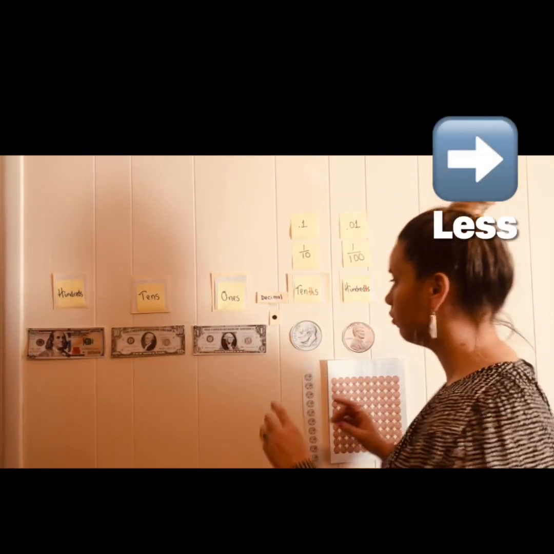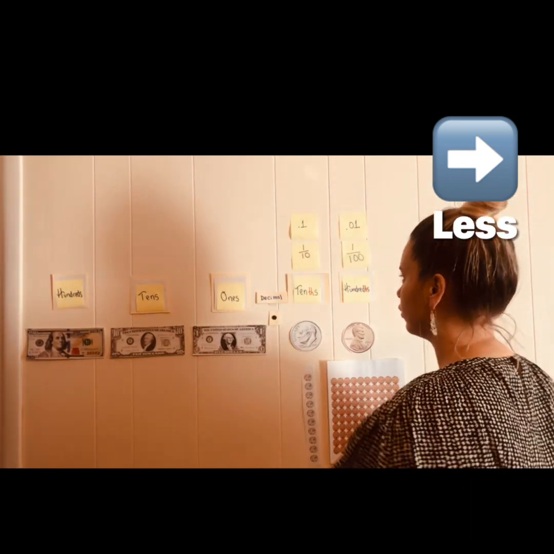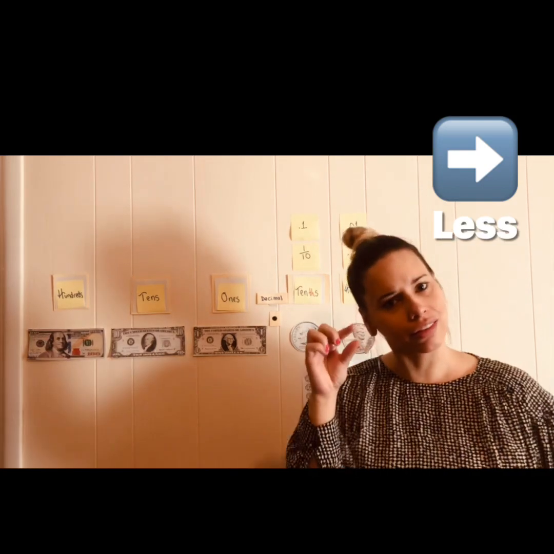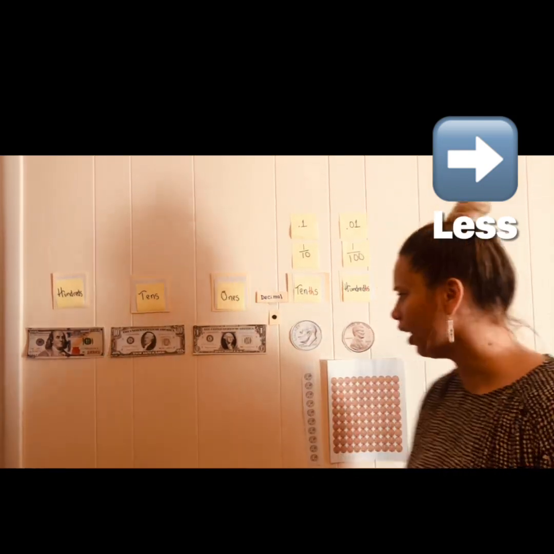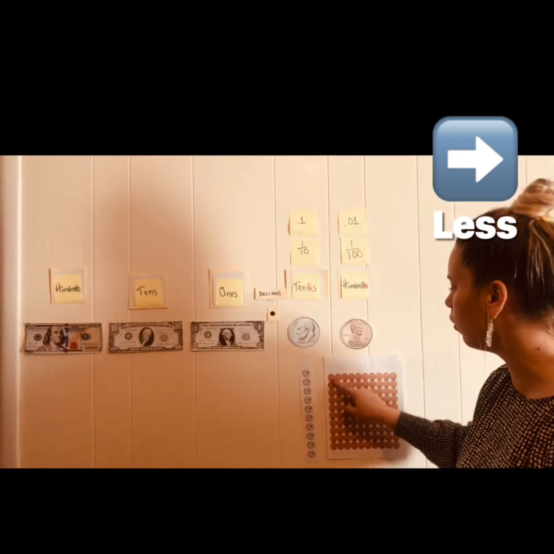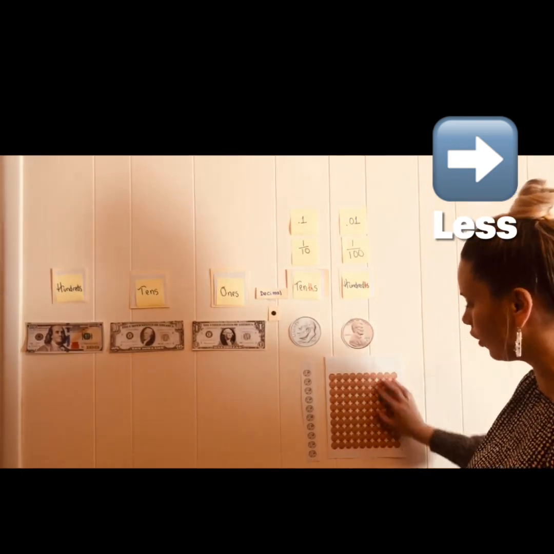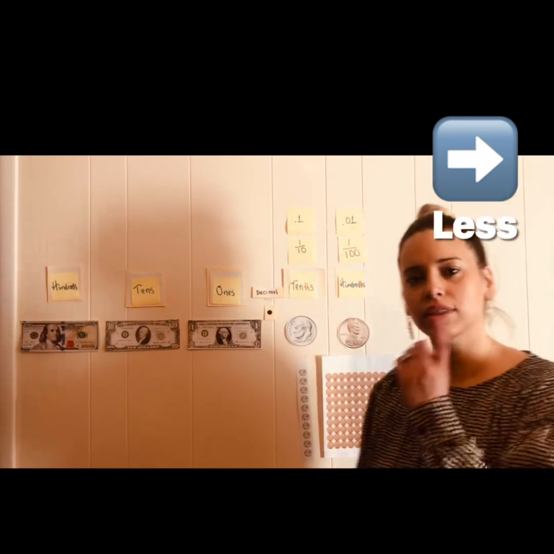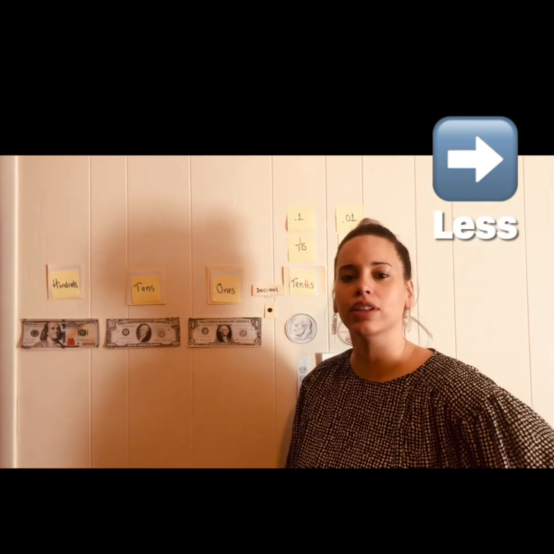However, when we're working with decimals, the bigger the number, the less the value. I need 10 tenths to make a whole, and I need 100 hundredths to make a whole. Interesting. Let's dive a little deeper into this.